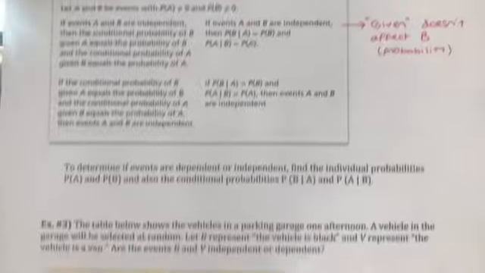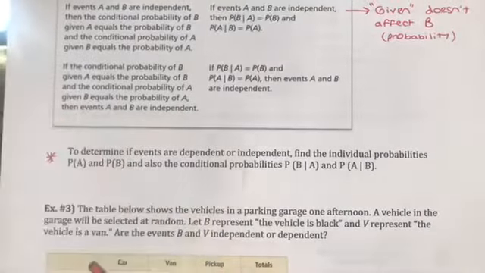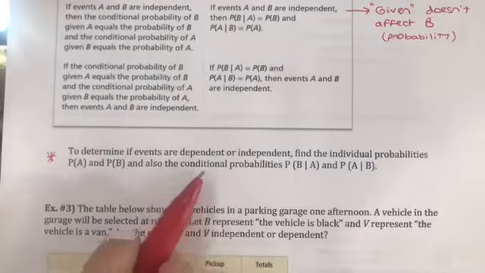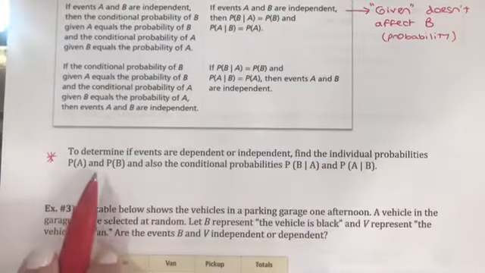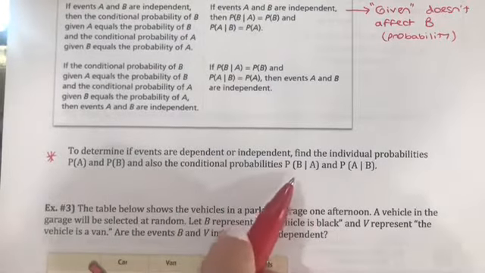So in order for us to determine if we have a dependent or independent situation, we need to find the individual probabilities and also the conditional probabilities.